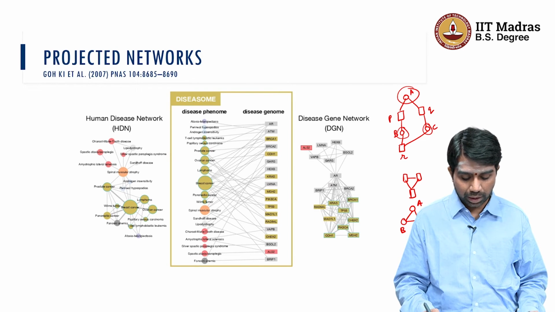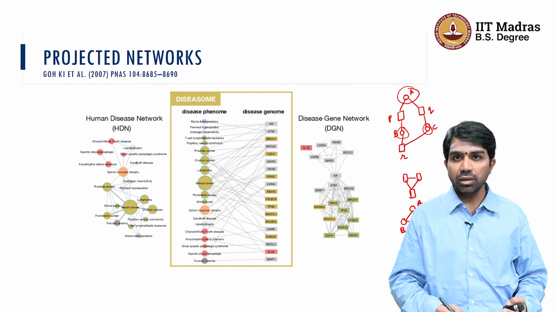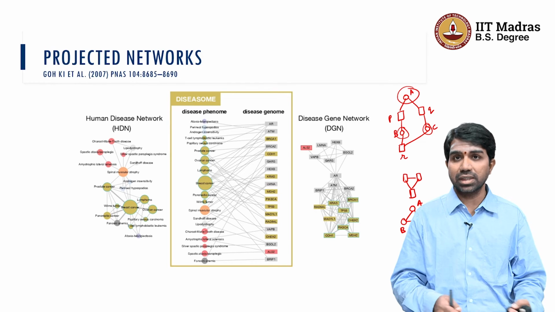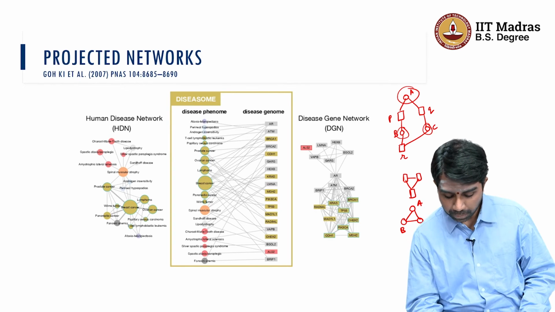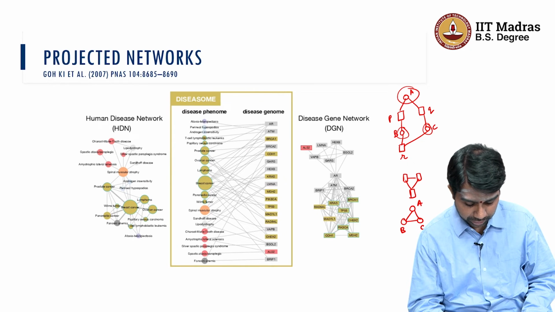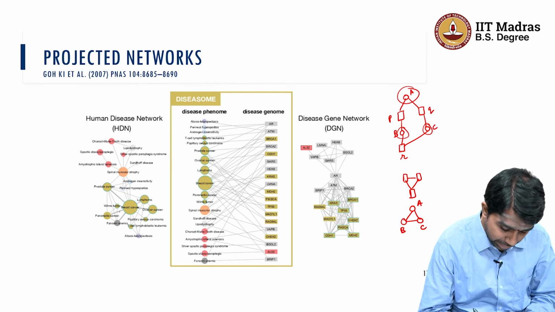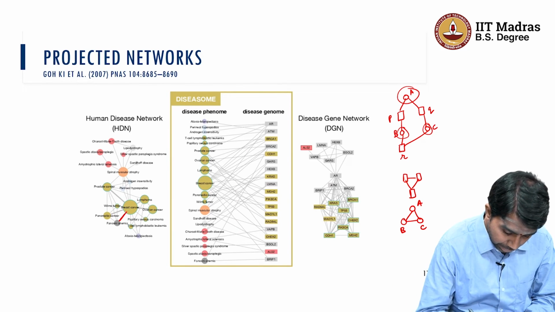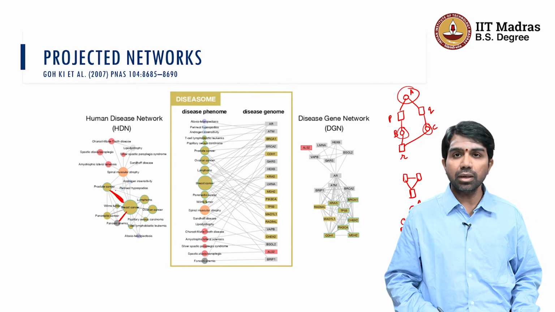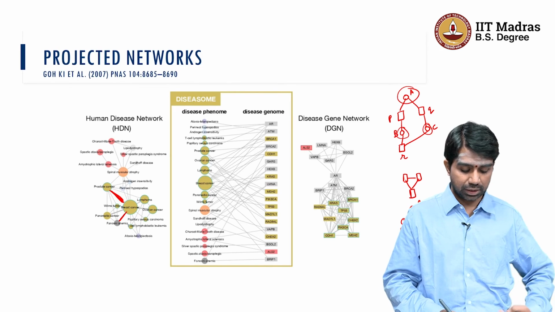projections. On the one hand, you connect diseases that have similar genes or that share genes which are causing it in some sense. So prostate and lymphoma are connected to each other because they share genes such as BRCA, and you see that some of these are thick because you have a lot more edges connecting these 2 diseases compared to other diseases, right.